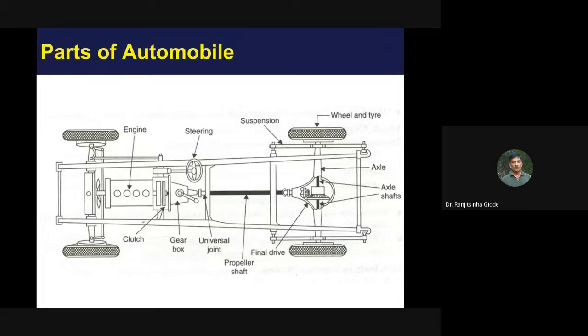Inner wheel has to cover less distance as compared to the outer wheel. So we need to facilitate such function in the automobile. For that reason, we are going to use the epicyclic gear train, and that is used for this differential unit. And this one is the rear wheels. Okay. So this is about some of the major parts of the automobile.